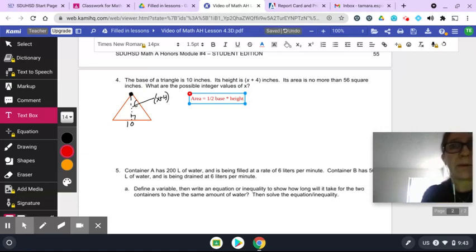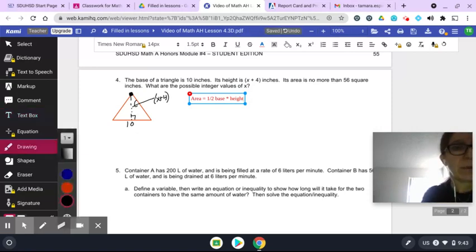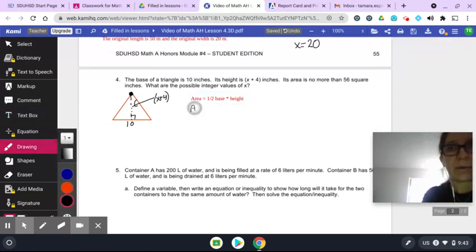So its area, let's start going here. The area, we had 1/2, the base is 10 and the height is x plus 4. Okay, so here we have to clean that up. 1/2 of 10 is 5. We're going to distribute.